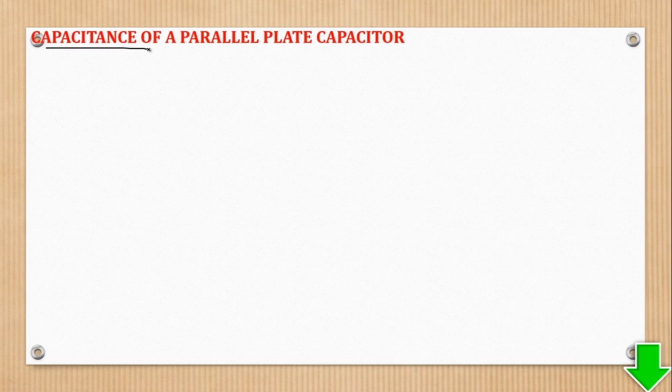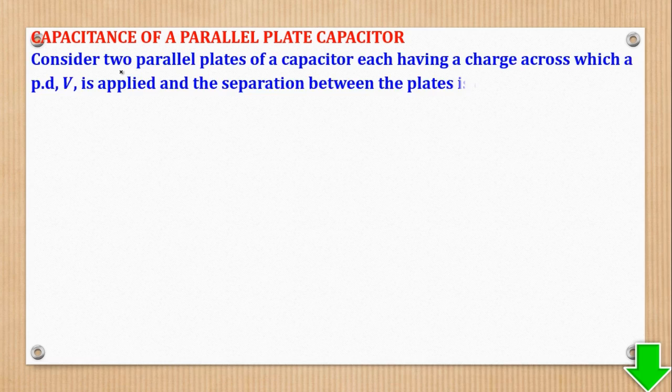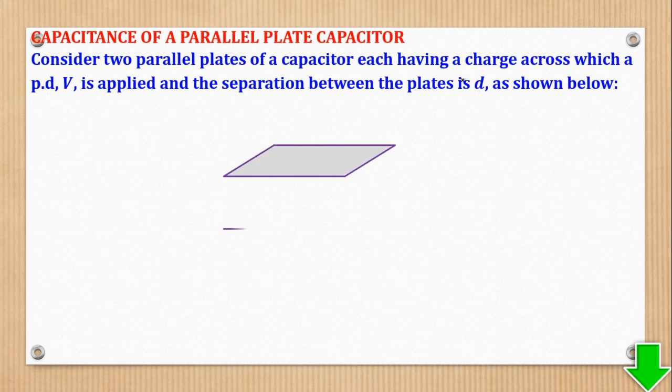Now we shall go to capacitance of a parallel plate capacitor. In this case, we shall consider 2 parallel plates of a capacitor, across which a PD V is applied, and the separation between the plates is d, as shown below. So we make some illustration.